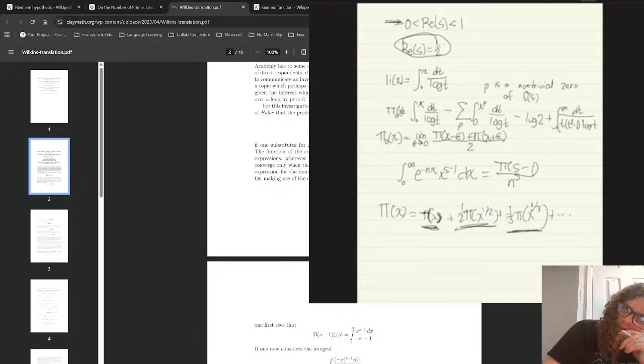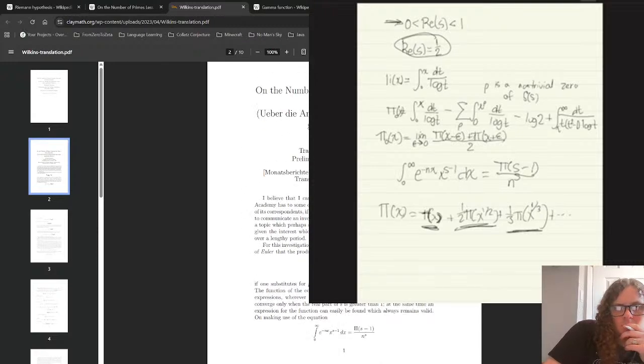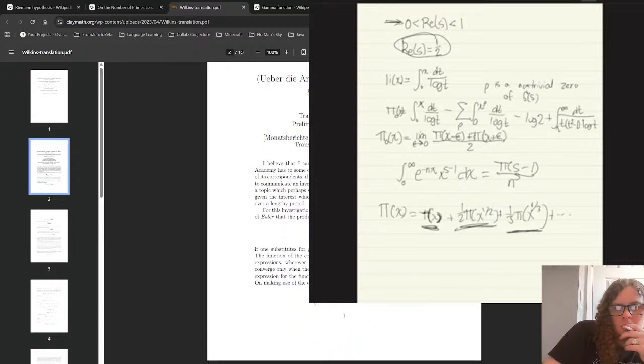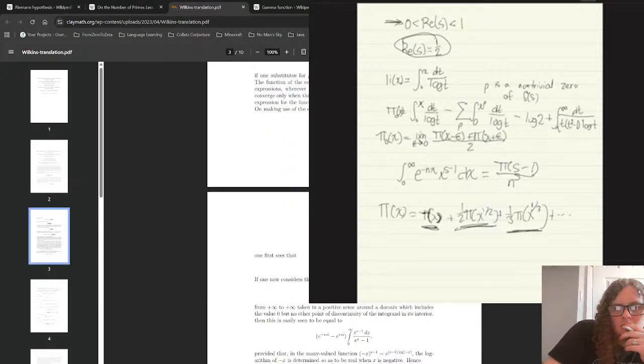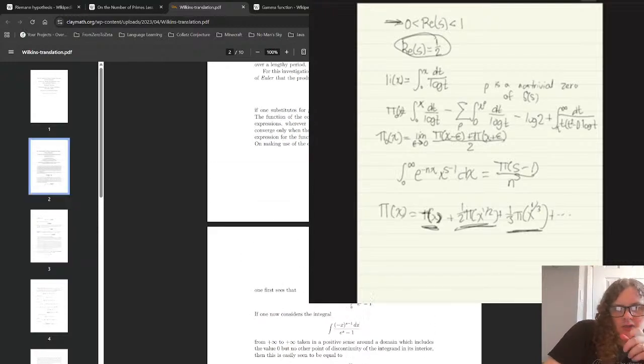Yeah, that's something I don't understand. How is it using complex numbers here? Maybe they're using a different definition of capital pi.